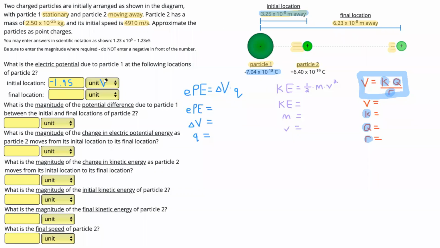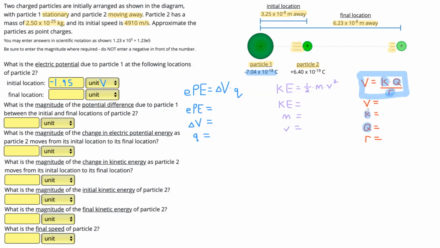To figure out the electric potential at the final location, we're going to do exactly the same thing, but with the information for the final location. So again, we have the charge of the main particle. That's going to be the same. We're still looking at the electric potential due to particle 1.